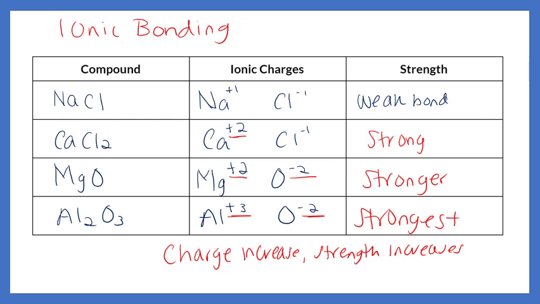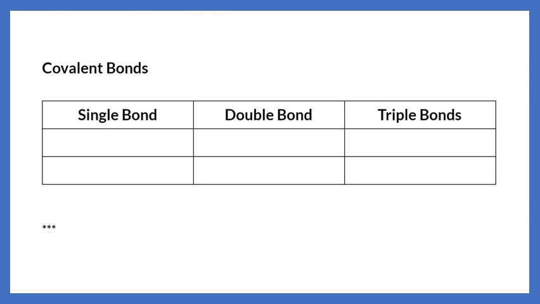Now, we're going to learn about covalent bonding. For covalent bonding, it's not about charge, it's about something called a single bond, a double bond, or a triple bond. A single bond is when you have one bond between your two elements. A double bond is when you have two bonds between your elements.